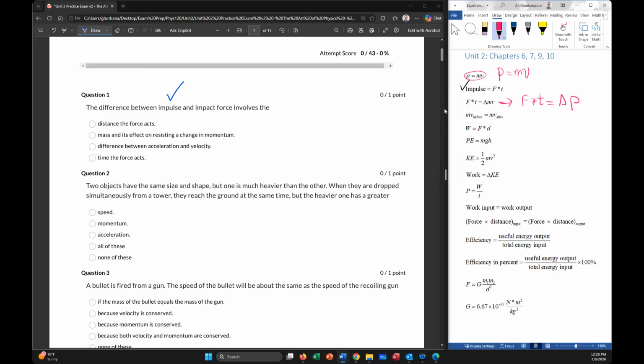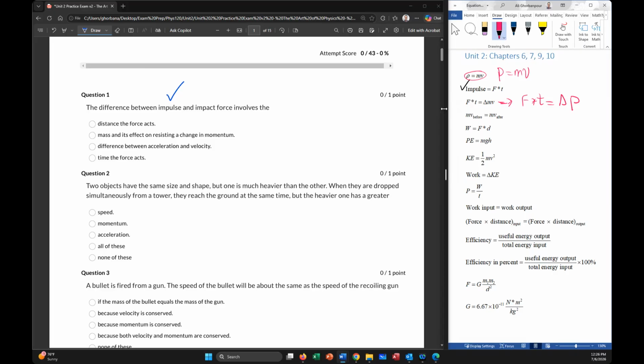Resisting a change in momentum, we don't have that. We exert force, and the momentum will change. The momentum will not resist. Let's say you have an object that is stationary, and you exert a force on it for a short amount of time, and it starts moving. It means the momentum of that particle changed.